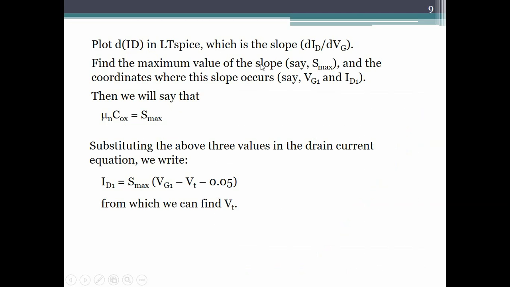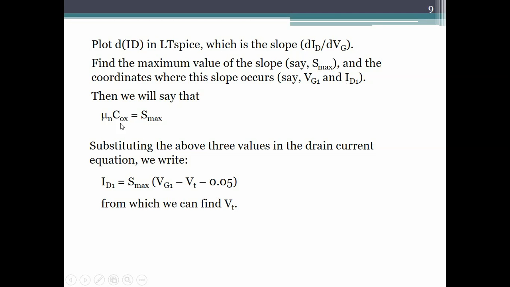It is all written here. Let us find the maximum slope from SPICE. Let us call it S max. You also find the coordinates of the point where this slope occurs. So find the Vg at which this slope occurs, call it Vg1. Find the ID corresponding to that Vg, call it ID1.